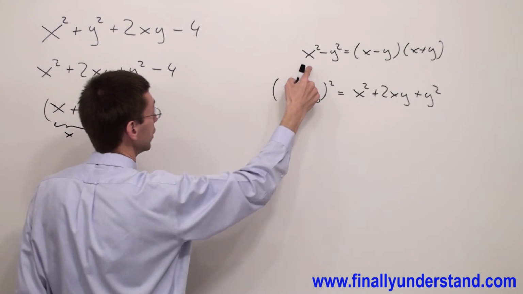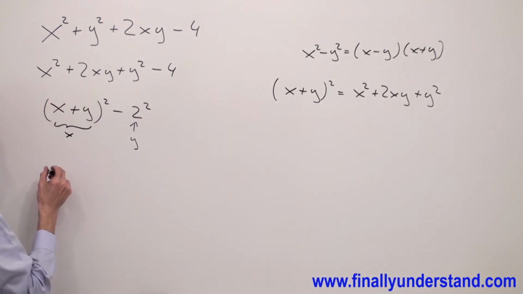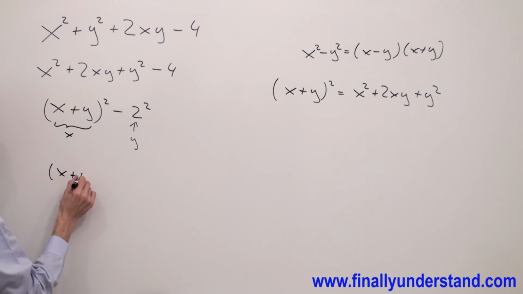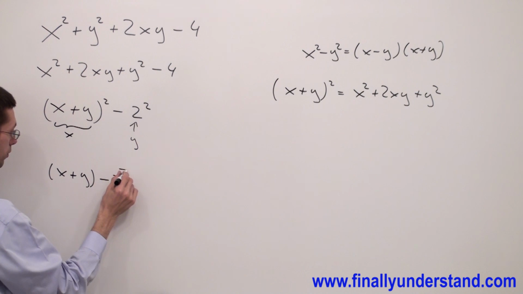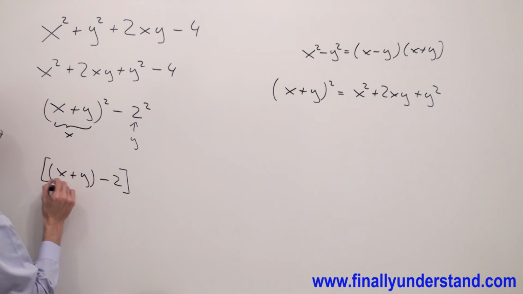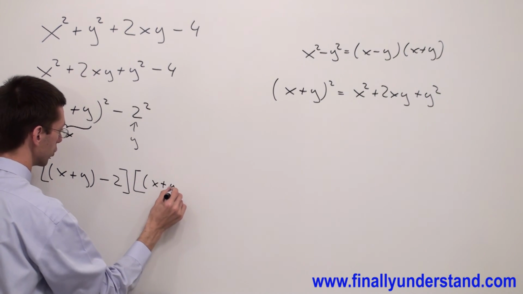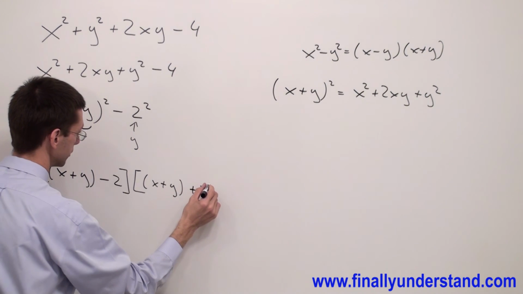And I'm going to use the formula for the difference of two perfect squares. And I'm going to say this is x plus y minus 2 times x plus y plus 2.